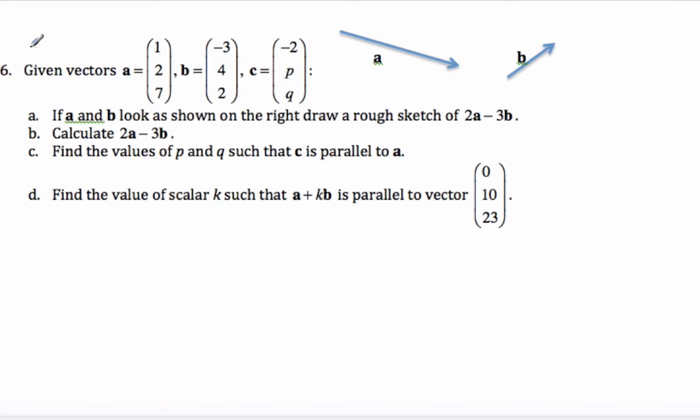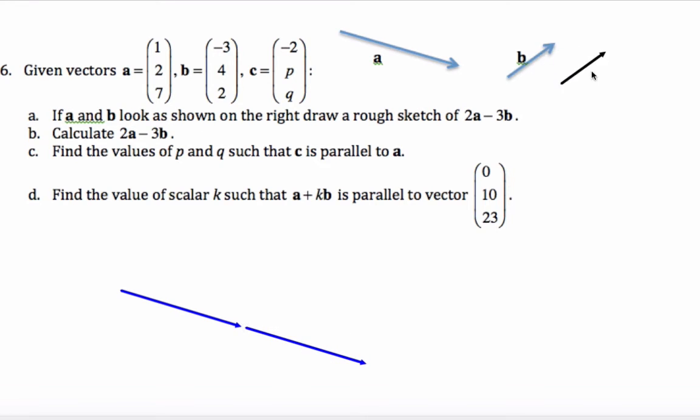Let's try another example here. Given vectors A, B, C as such, let's make a rough sketch of this. Here is going to be A, and here is going to be B. If we want 2A, here is 2A.